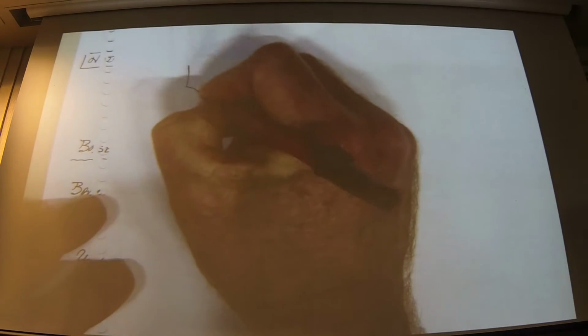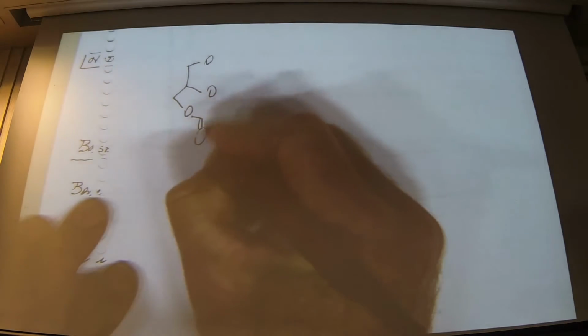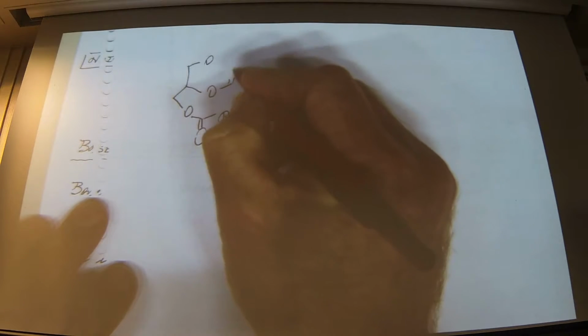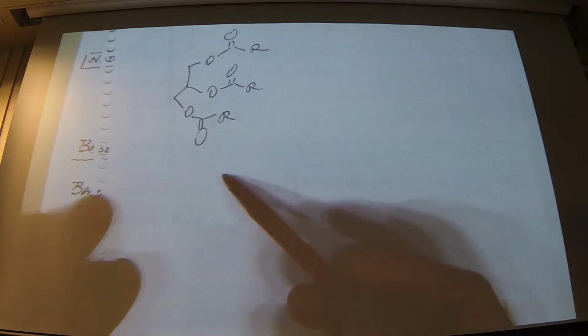Well, because grease is a series of glycerol esters. If I put hydroxy groups there, that's glycerol or glycerin. And so if I have esters like this, then this would be a triglyceride. So this is a triglyceride, so it's just an ester.